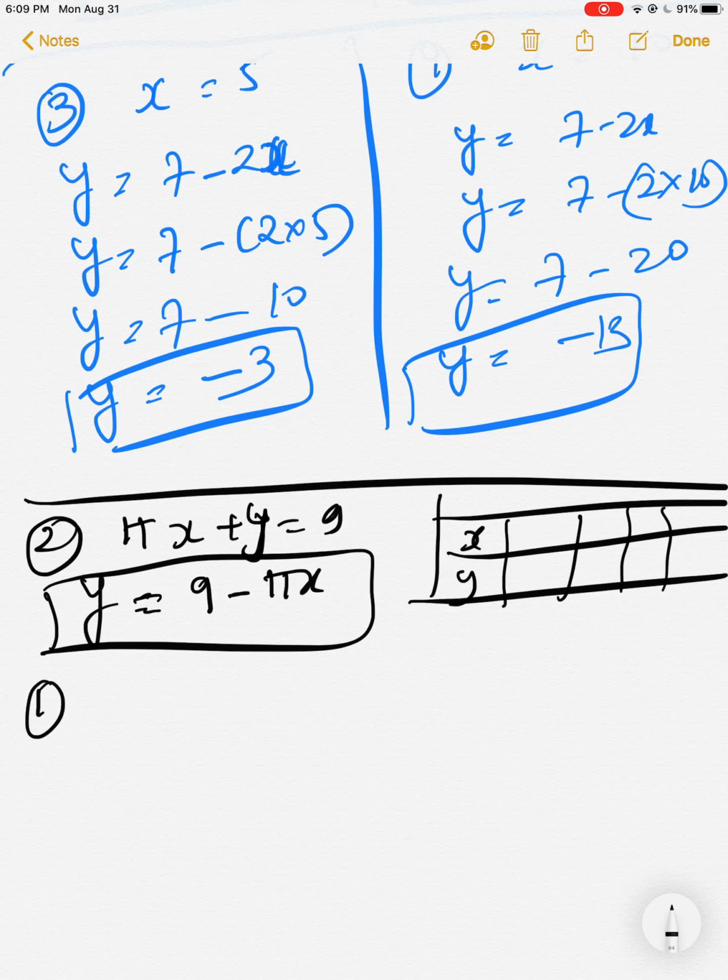So first I will be taking x is equal to -4. Okay, y is equal to 9 minus pi into -4.